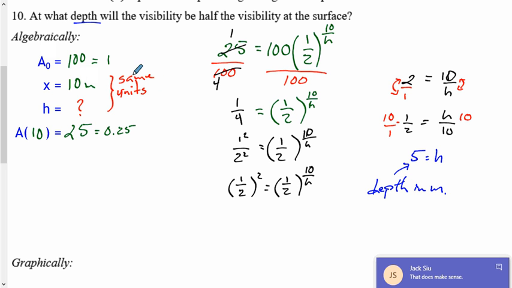And it'll be a similar situation that these two A values will also have the same units. Because both of those in this case are amounts of light, percentages, and the X and the H in this question are both depths.